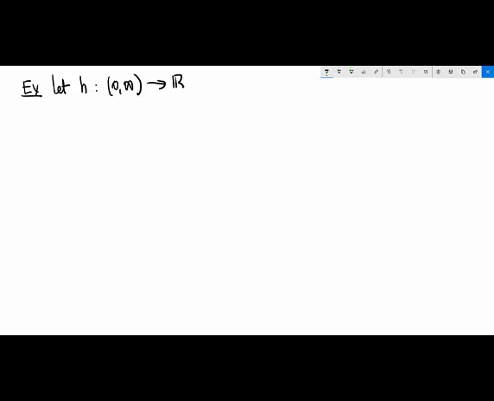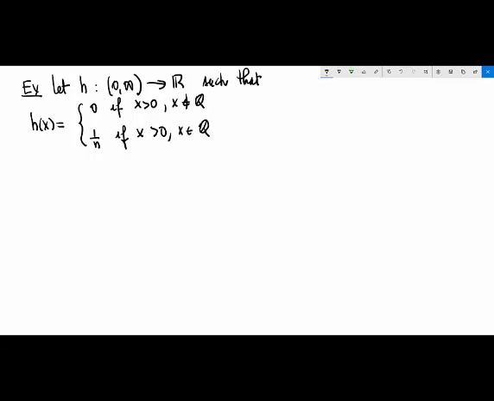So it's mapping the set of all positive numbers into the reals such that h of x is 0 if x is greater than 0 and x is irrational, and 1 over n if x is greater than 0 and x is a rational number such that x is equal to m over n in its reduced form.